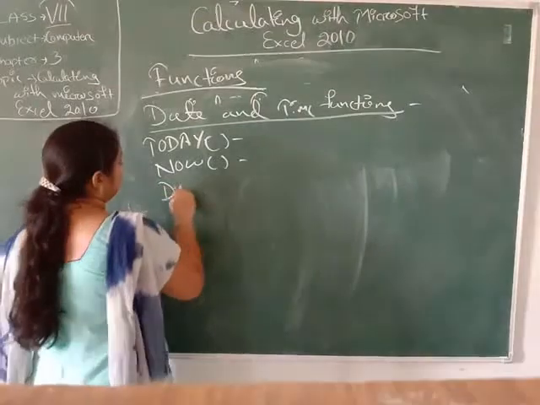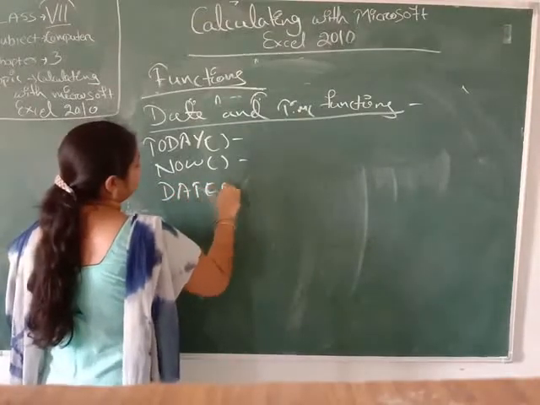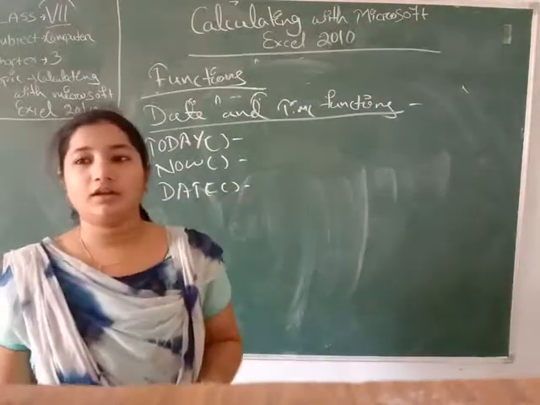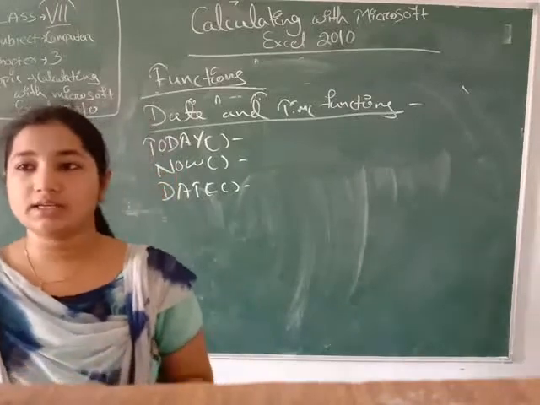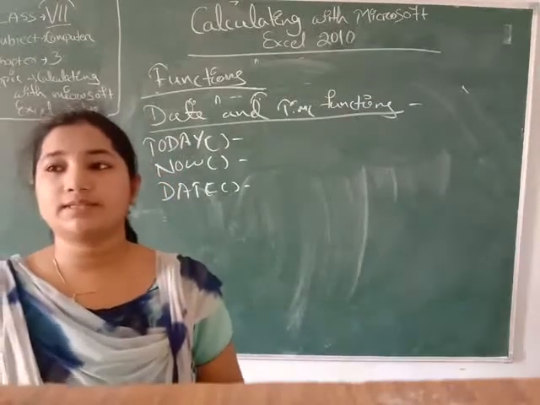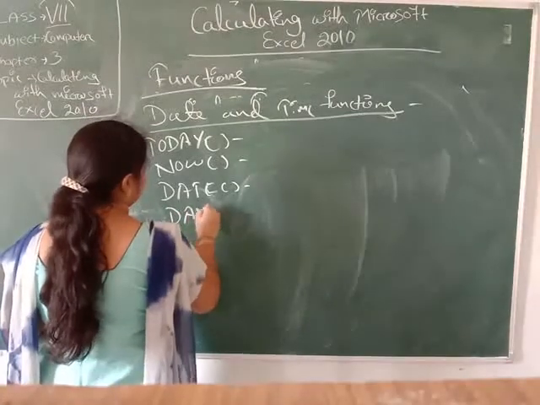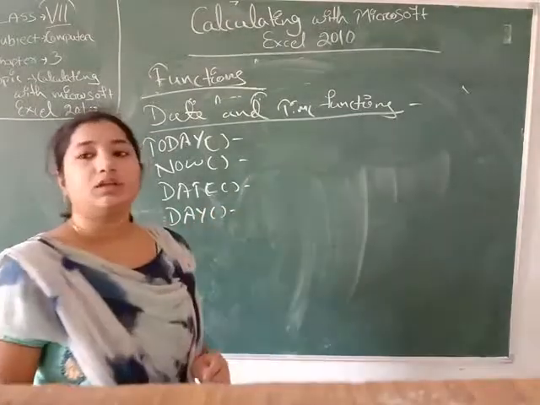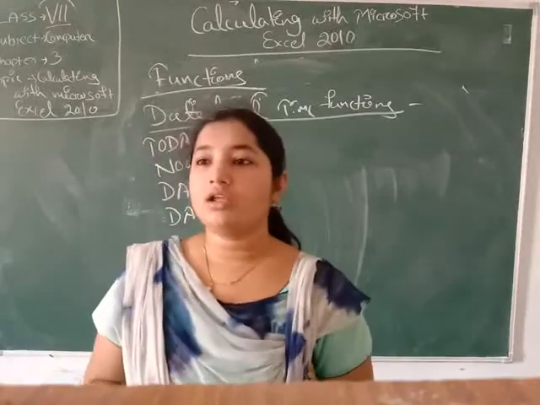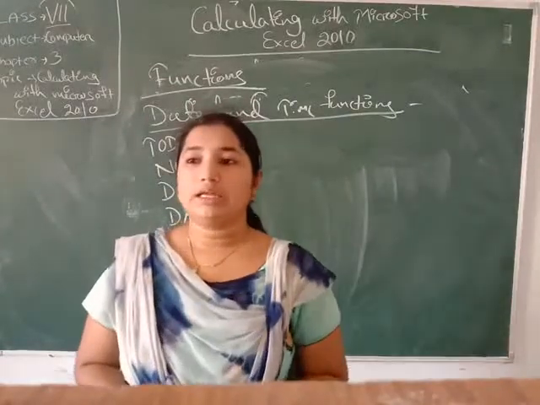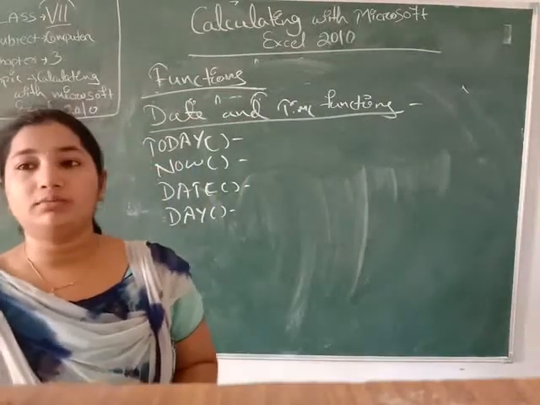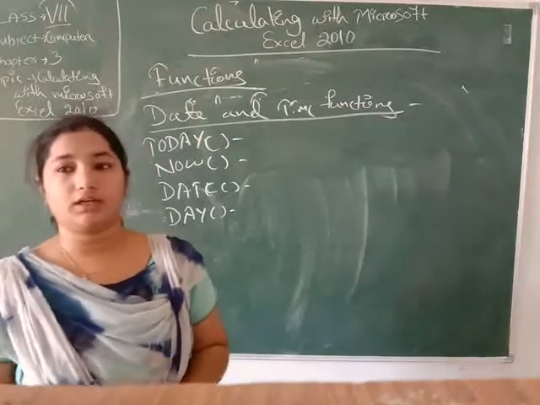Next one is DATE. It returns the sequential serial number of the specified date. Next one is DAY. It returns the day corresponding to a date, represented by a number between 1 and 31.